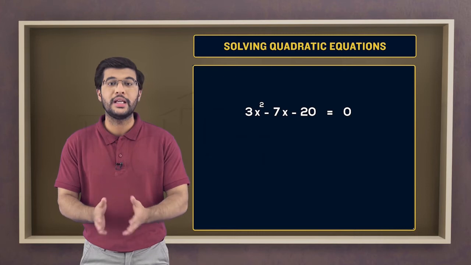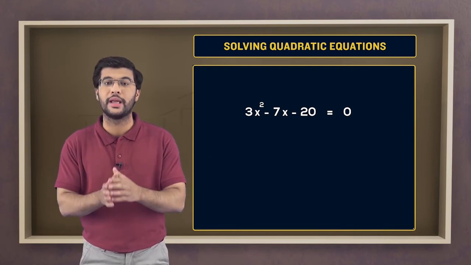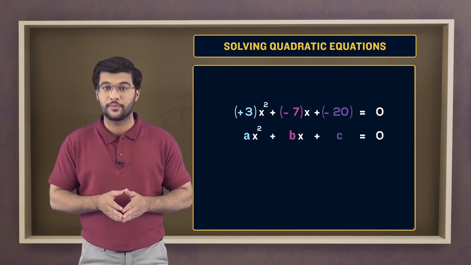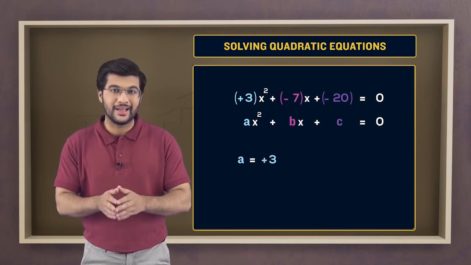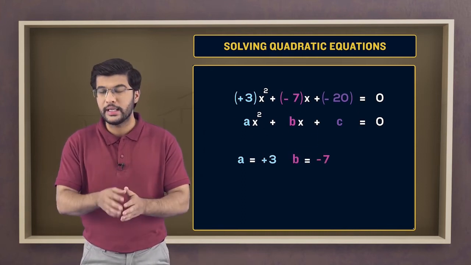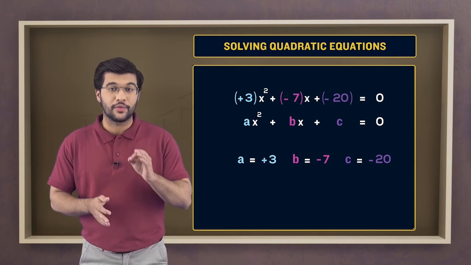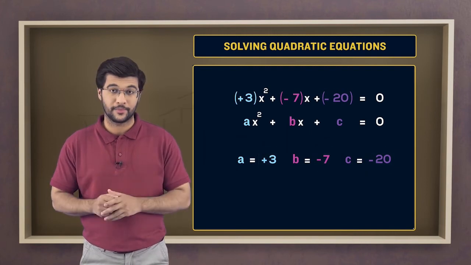And now we compare. If we place it next to a standard form of ax squared plus bx plus c equal to 0, we can see that a here is 3, b is negative 7 and c is negative 20. We'll always consider the coefficients and constant with their signs, no matter what.